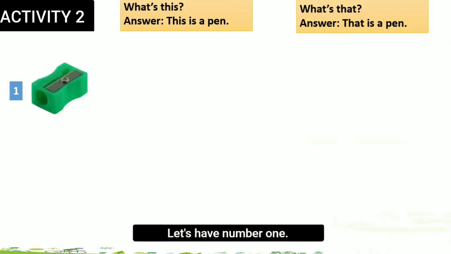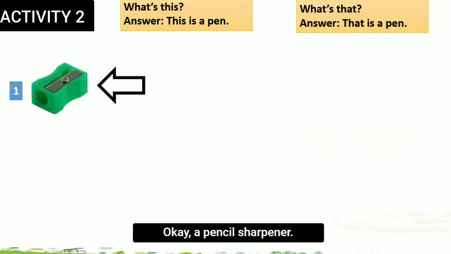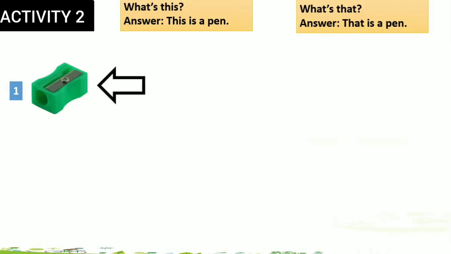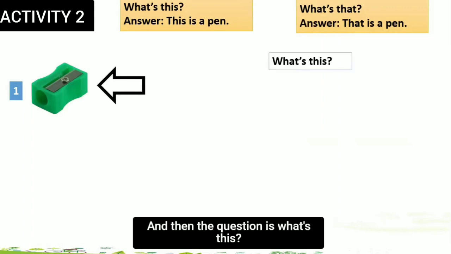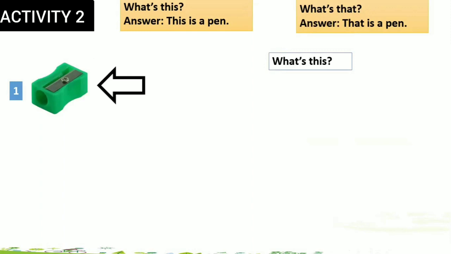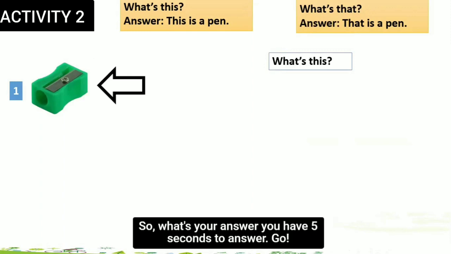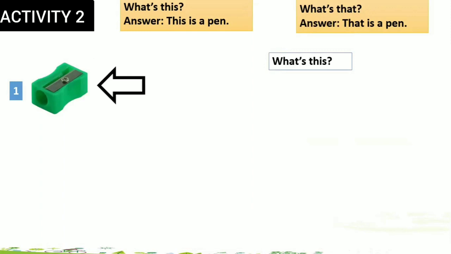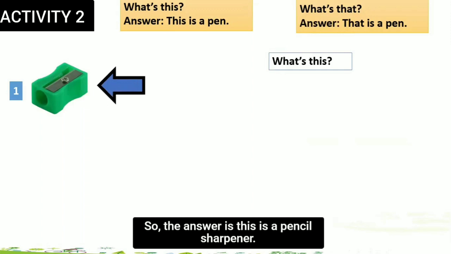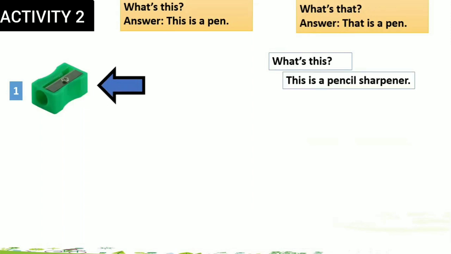Let's have number one. Okay, a pencil sharpener. Where is the arrow? And then the question is, what's this? So what's your answer? You have 5 seconds to answer. Go. There you go. So the answer is, this is a pencil sharpener.